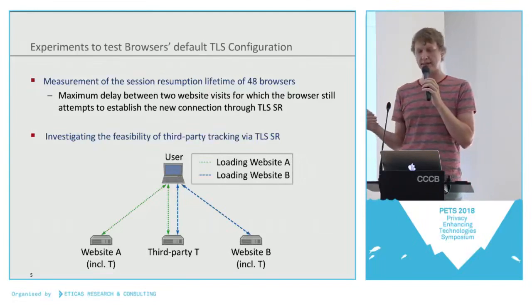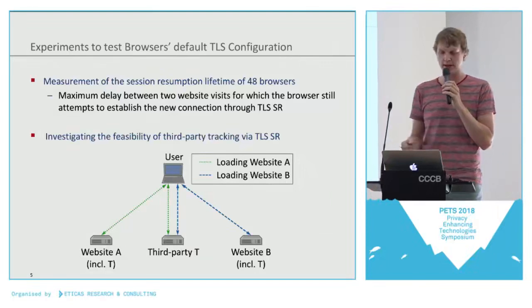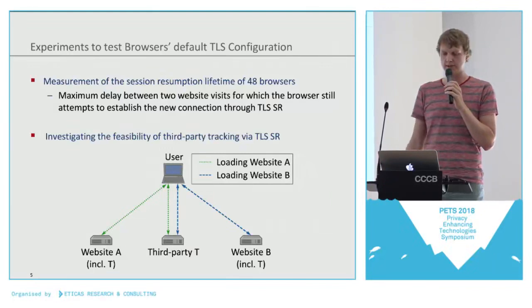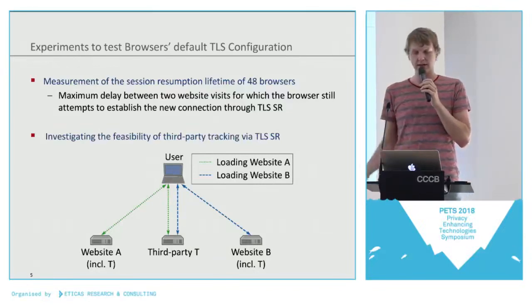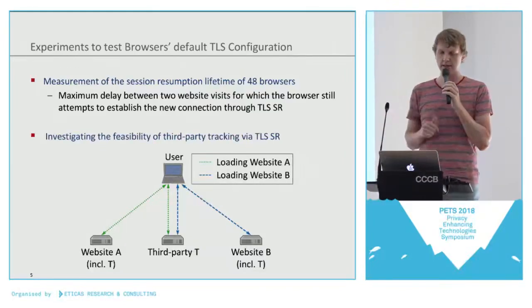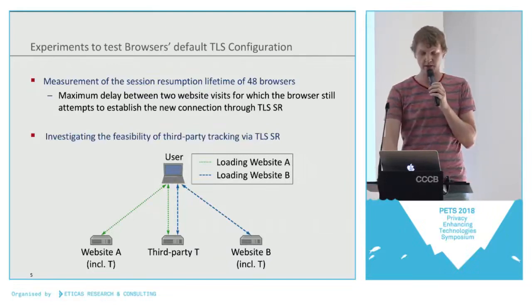I first requested a website A, which included a third-party tracker. Then I waited until the connections timed out, and then I requested a website B and observed how the browser established the new connection to the third party T, whether the browser applies TLS session resumption or a completely new full handshake, which does not allow tracking the user.